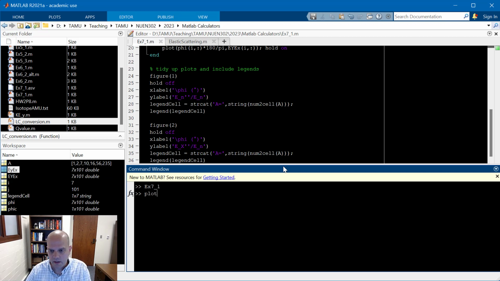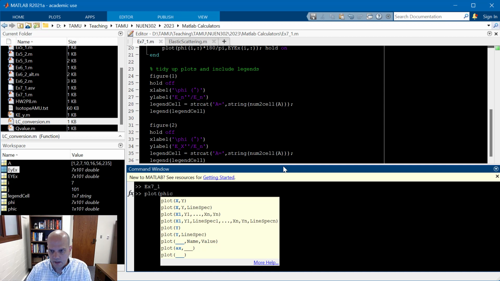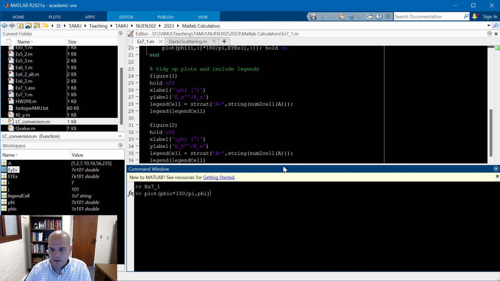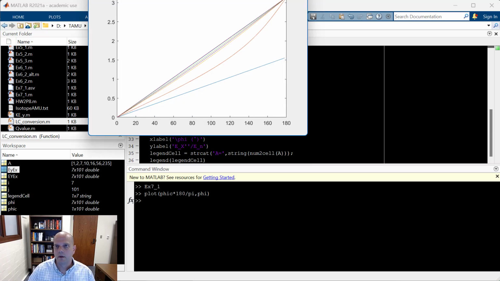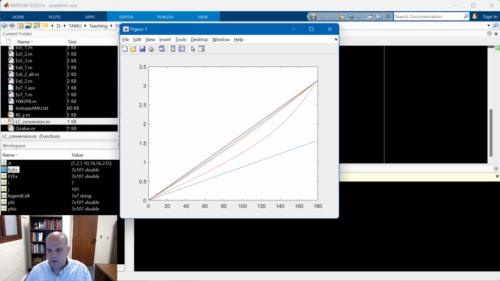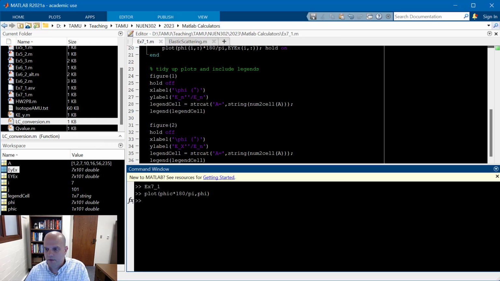So let's do phi c on the x-axis, and then we'll plot phi on the y-axis. And let's make a legend on that one too.